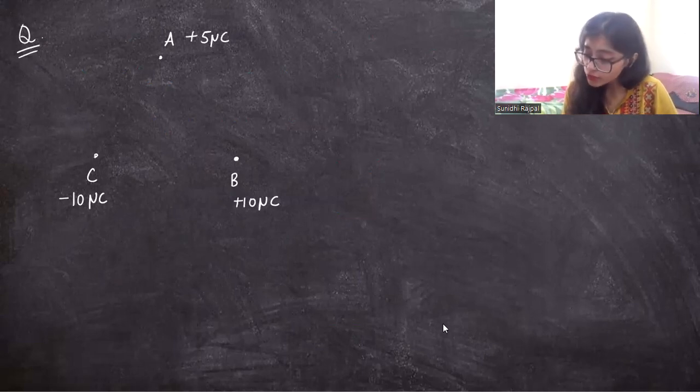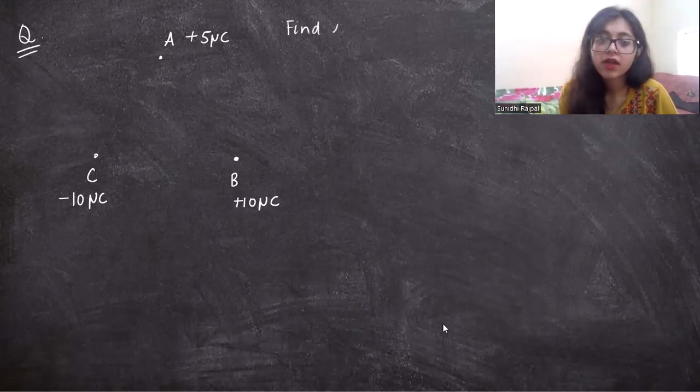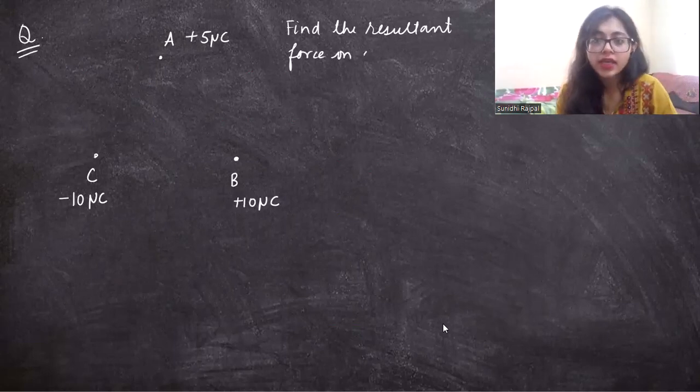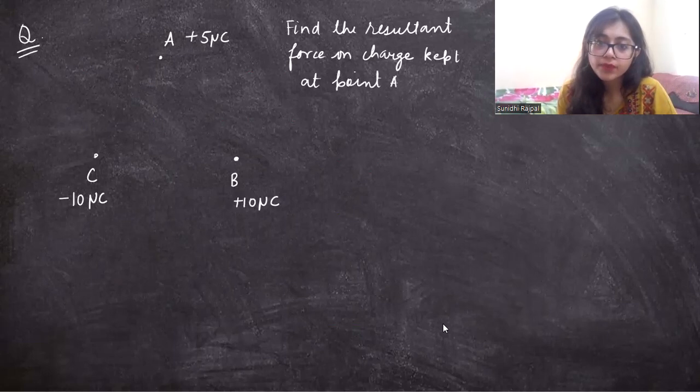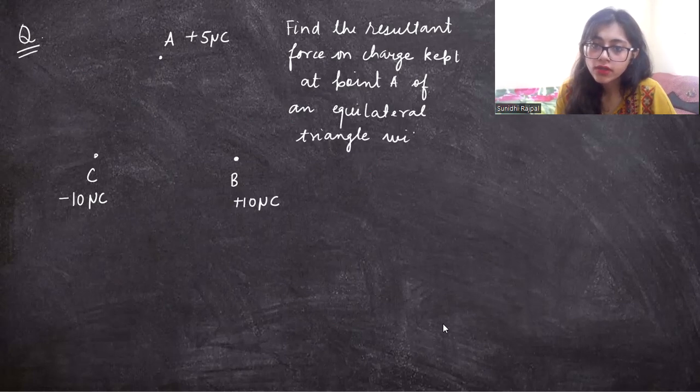And what you have to do is find the resultant force on the charge kept at point A of an equilateral triangle with side 5 meters.